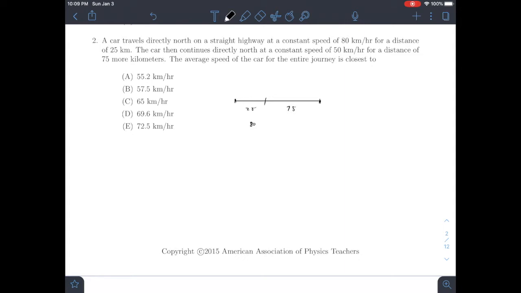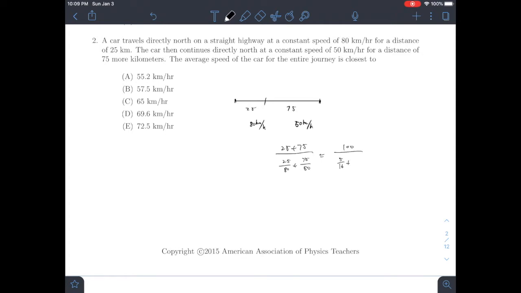So first, let's draw a diagram. We have 25 kilometers and 75 kilometers, with velocities of 80 kilometers per hour and 50 kilometers per hour, respectively. Then we know the average speed is total distance divided by total time. Total distance is 25 plus 75, and total time is 25 over 80 plus 75 over 50.